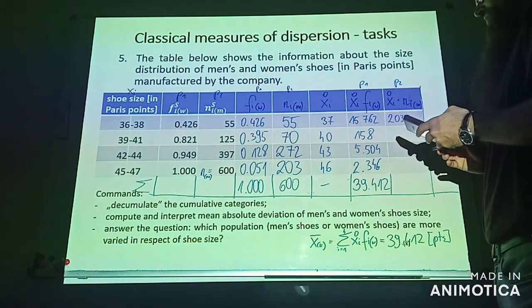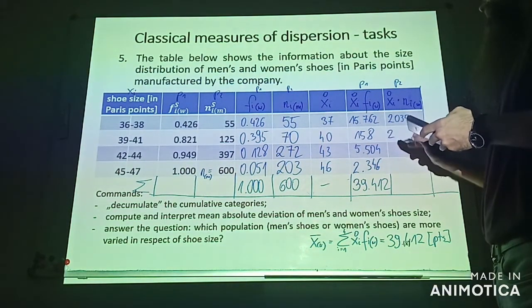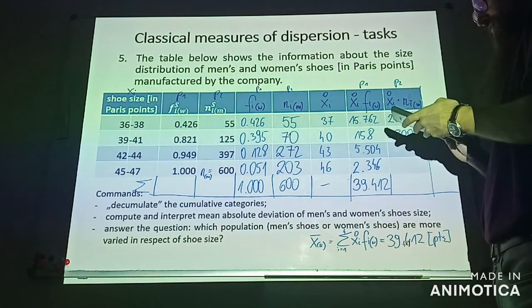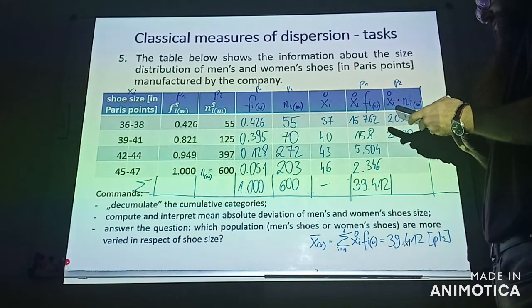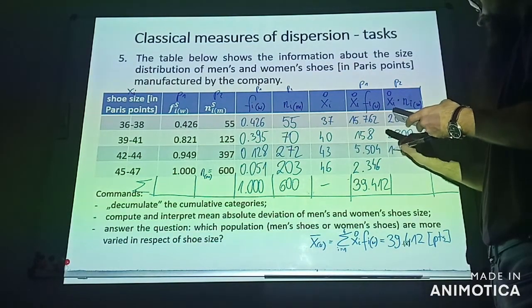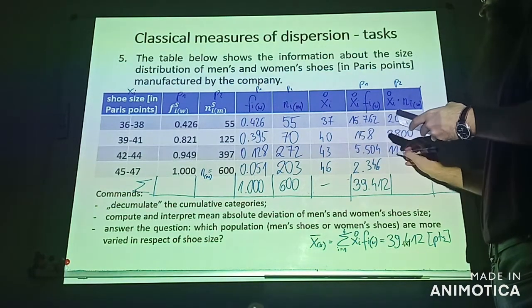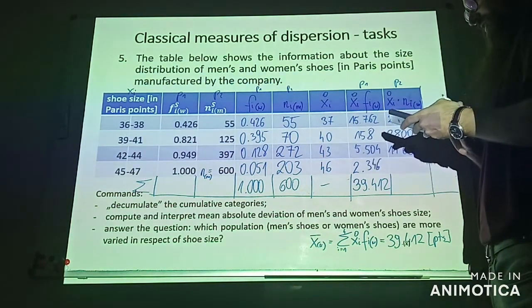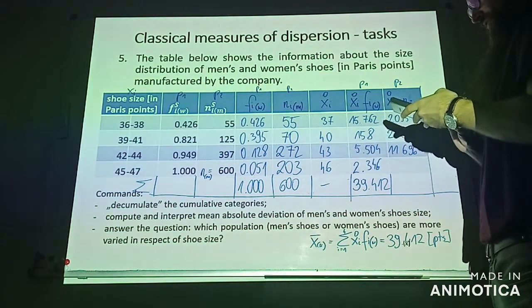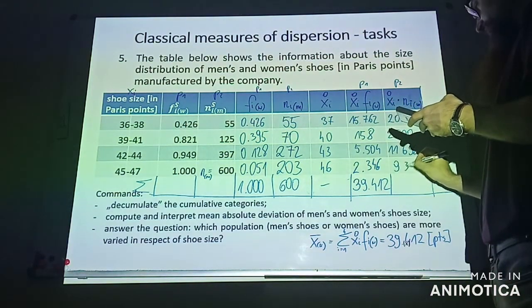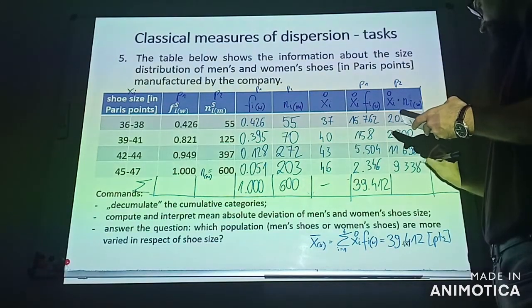In the next row, we have 2,800, of course. 33 by 272 is 11,696, and in the last column I have 36 by 203, it's 9,338.